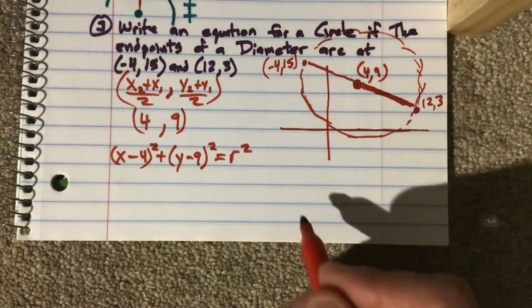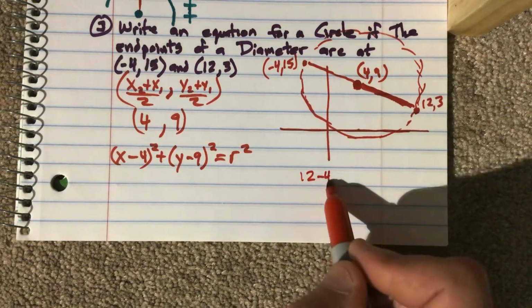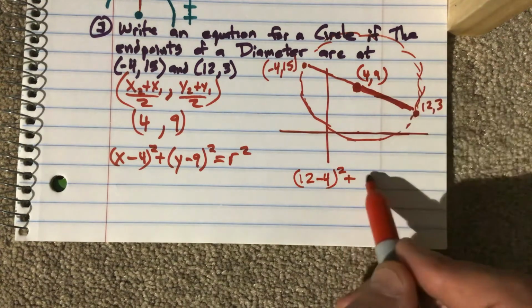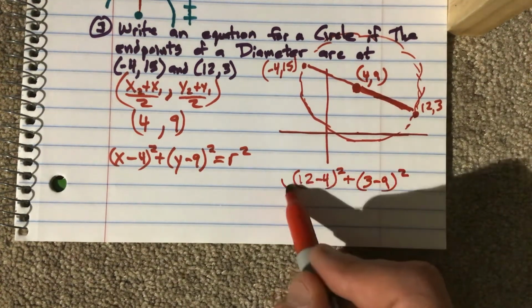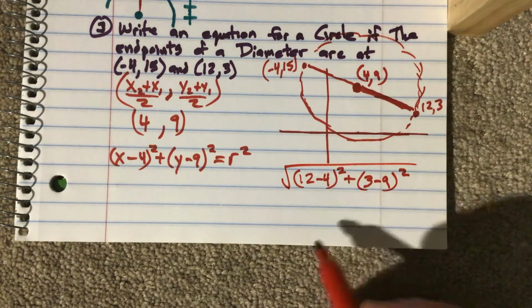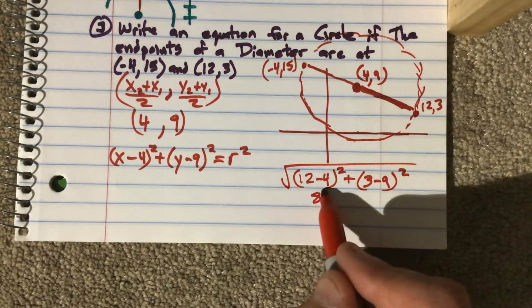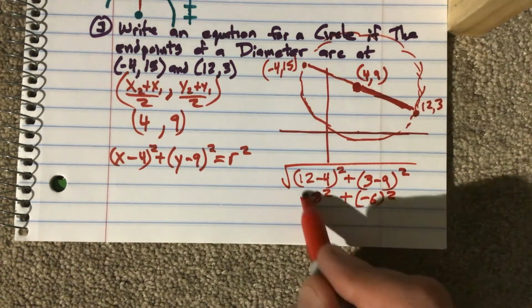And the distance formula is 12 minus 4 squared plus 3 minus 9 squared, and I'm taking the square root of that. That's the distance formula, right? Difference in the x's, difference in the y's. That's 8 squared. That's -6 squared.